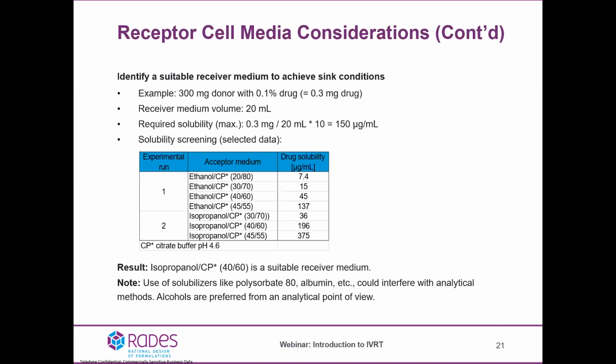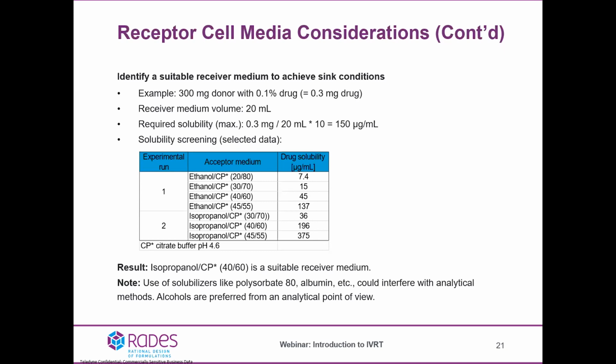With a receiver compartment of approx 20 milliliter, the maximum concentration is 15 microgram per ml, and to fulfill the requirement for sink condition, the concentration should be equal or less than 10% of the solubility of the API in the receiver media. So we need a solubility of 150 micrograms per ml.